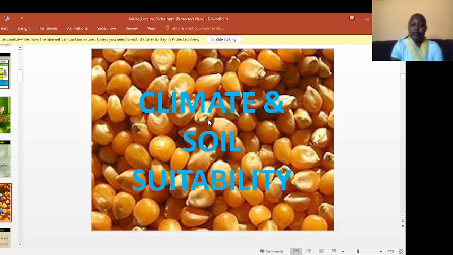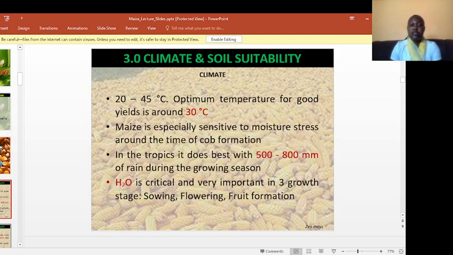You can see climate and soil suitability. Let's look at the climate and soil suitability. Climate, we say 20 to 45 degrees Celsius; optimum temperature for good yields is around 30 degrees Celsius. Maize is especially sensitive to moisture stress around the time of crop formation.